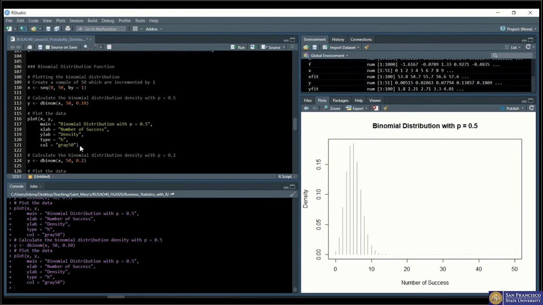Now, can you see? If I have a success rate equal to just 10%, 0.1, and we do 50 trials, we most likely will have 5 of them be successes in our trials.